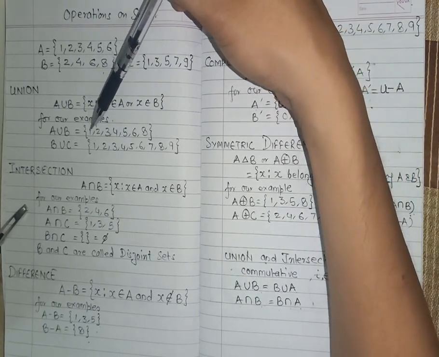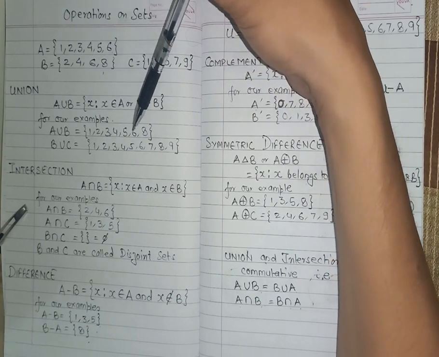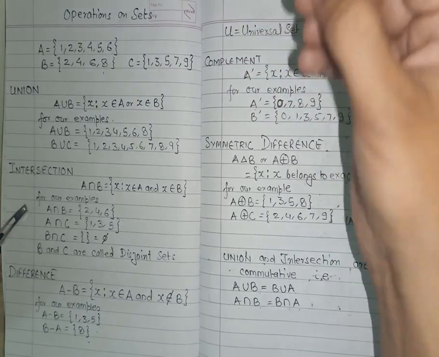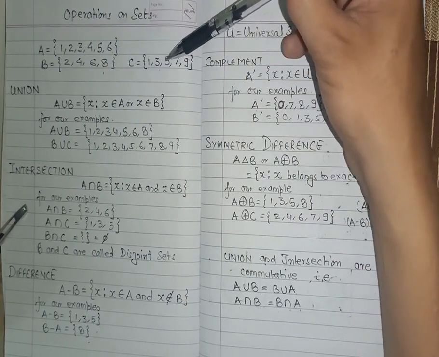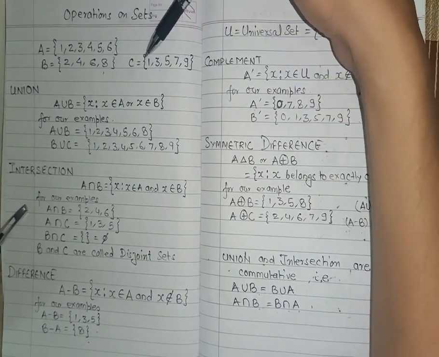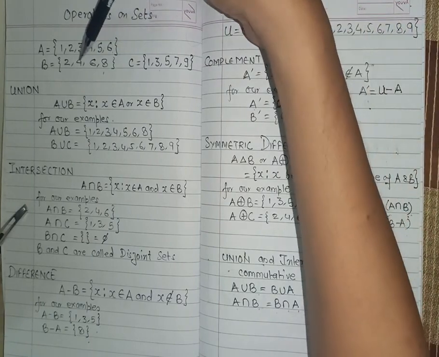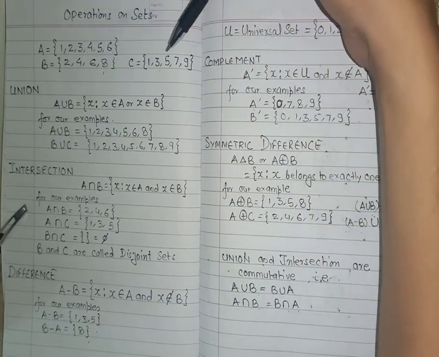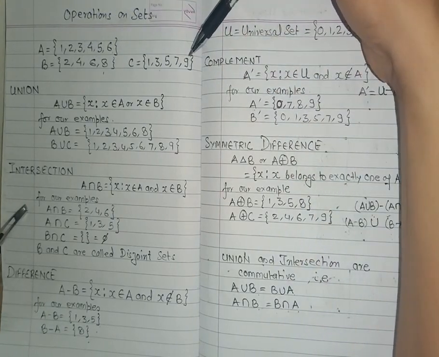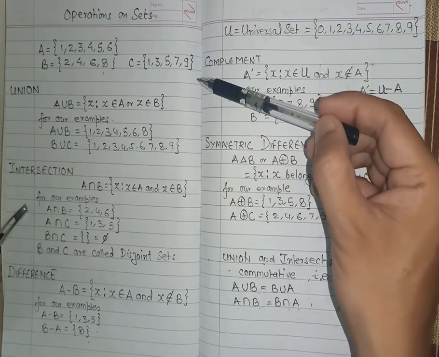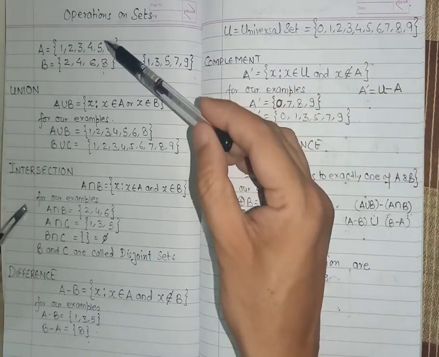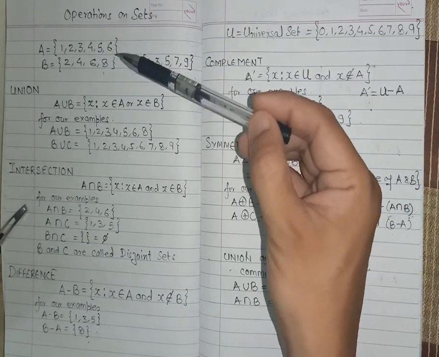So the elements will be 1, 2, 3, 4, 5, 6 and 8. Similarly, if I take the union of B and C, I'll have 1, 2, 3, 4, 5, 6, 7, 8, 9, all the elements. So union means all the elements which are present in set A or set B or both of them.